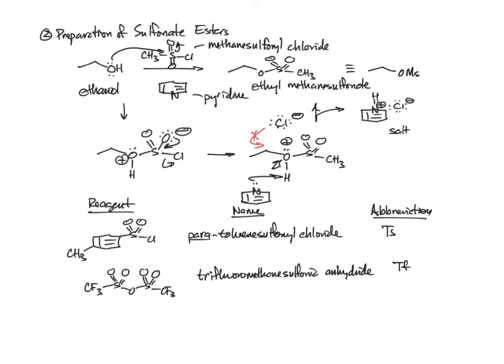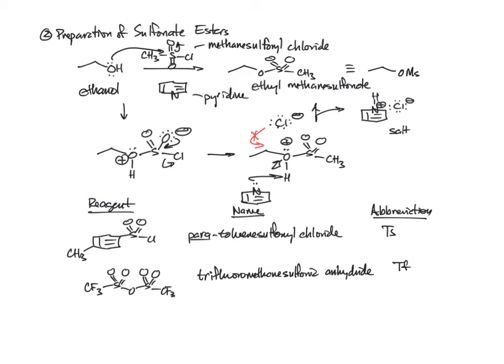So why don't we look at, in the next slide, we'll put this into practice where we actually review this SN2 chemistry where we're activating an alcohol and then treating it with different nucleophiles.